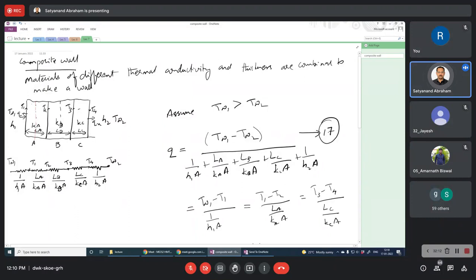at any particular location, say at a distance x1, the temperature will be constant at that location. If it is at a location x2, the temperature will be constant there too.